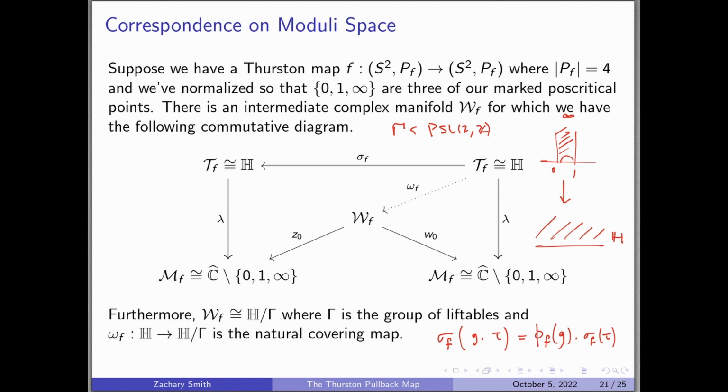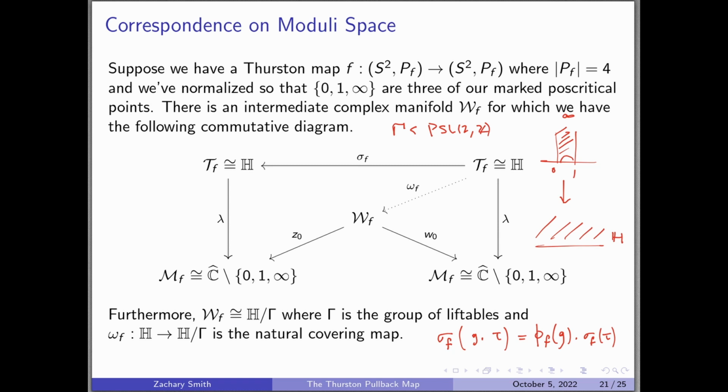Then there's some map called the virtual endomorphism, phi f, for which we get this functional equation, basically. And this virtual endomorphism, unfortunately, is not going to be defined on the entirety of SL2Z.